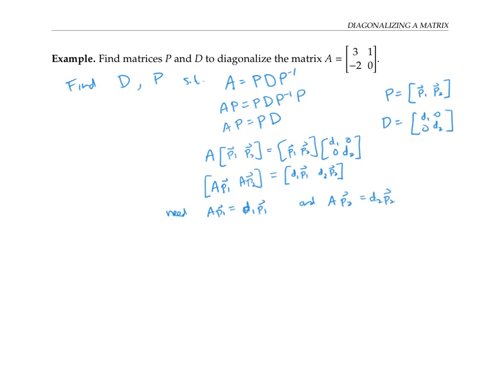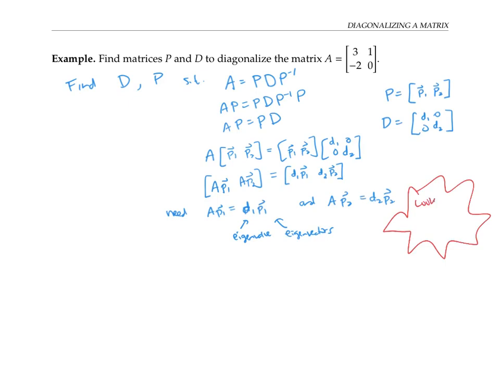Because it reminds me a lot of eigenvalues and eigenvectors. This is exactly the statement that D1 is an eigenvalue of A with corresponding eigenvector P1, and ditto for D2 and P2. So we found the key idea for diagonalizing a matrix.